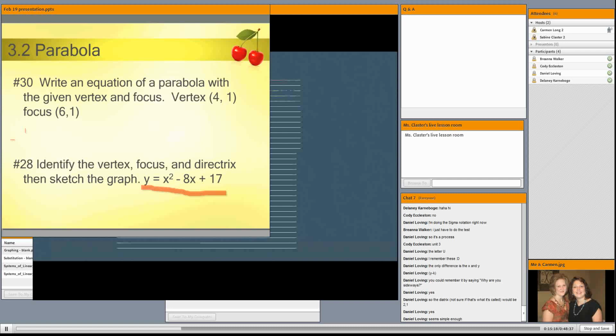Now, right off the bat, we should know which way it opens. Is it going to open up and down or left and right? You base it on what is squared. So which way does this one open?